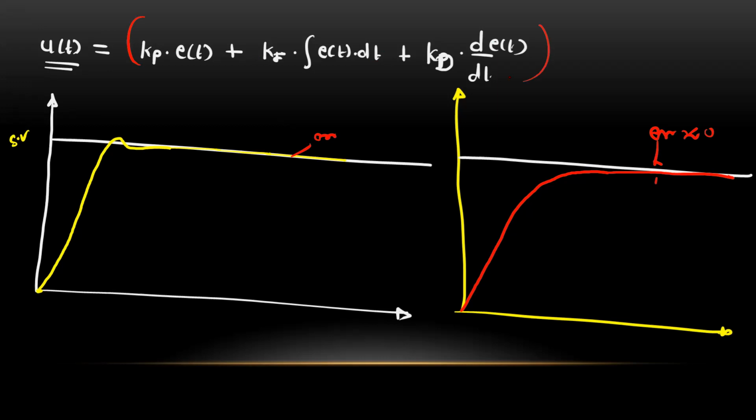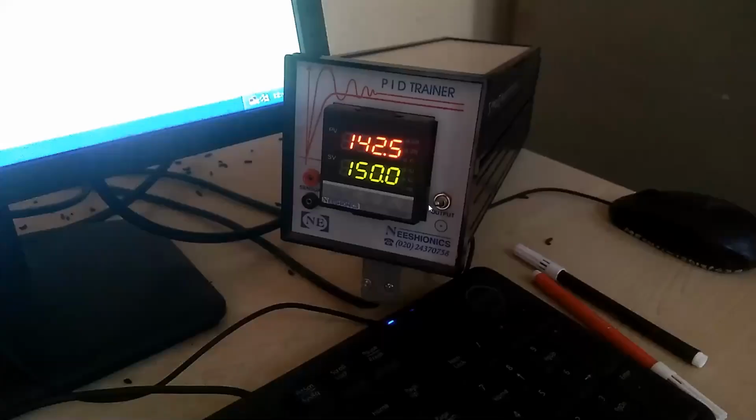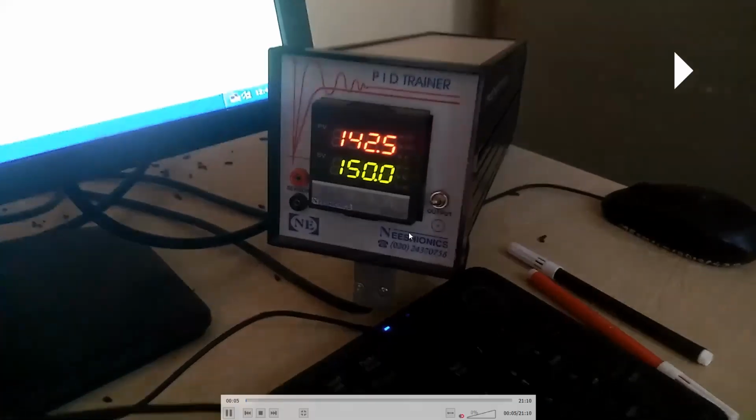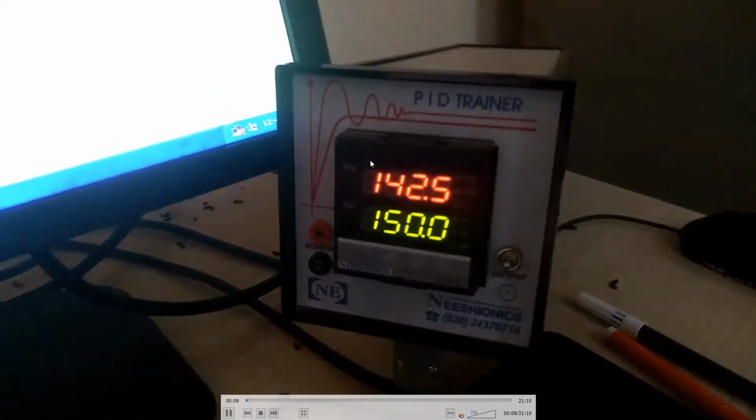Okay, so we will see this control action by the controller for the actual heating process. So this is the PID trainer apparatus. So basically this is a furnace. Okay, so here we have two values.